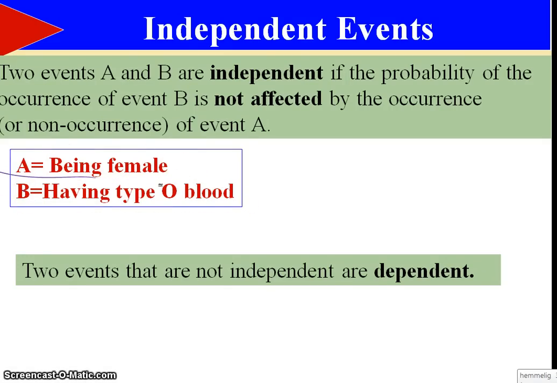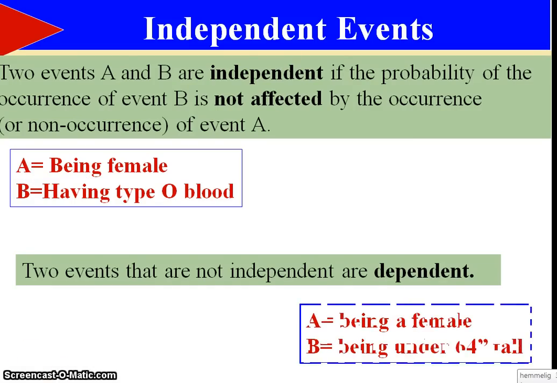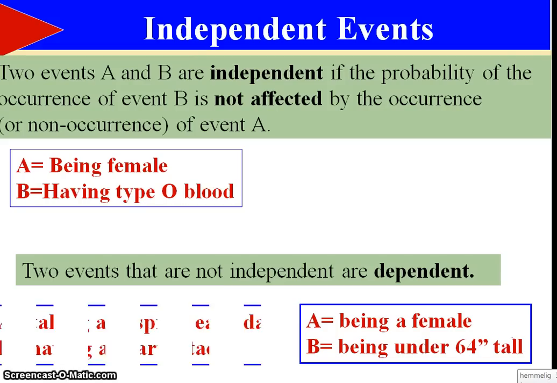One does not depend on the other. The opposite is 2 events being dependent, such as being a female and being under 64 inches tall. If you are under 64 inches tall, most likely you are a female. So it is dependent, because they're not completely separate from each other.